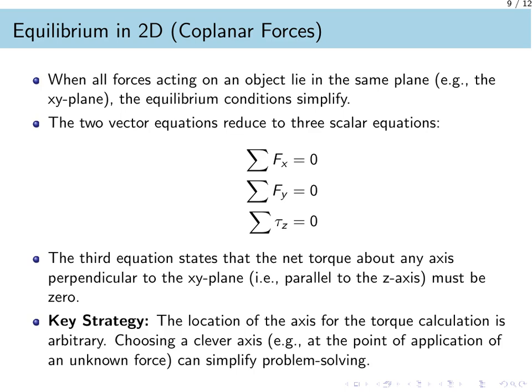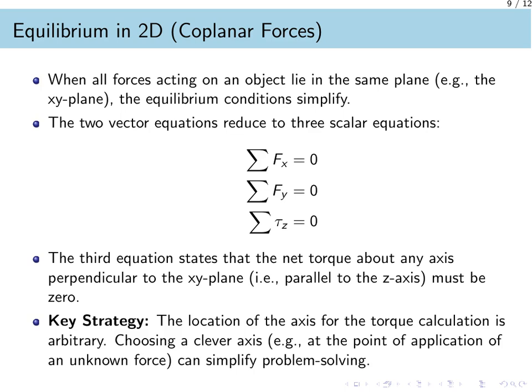Now, let us simplify our equilibrium conditions for a very common scenario, when all forces act within a single two-dimensional plane. When forces are coplanar, meaning they all lie in the xy plane, our two vector equations for equilibrium become three more manageable scalar equations.